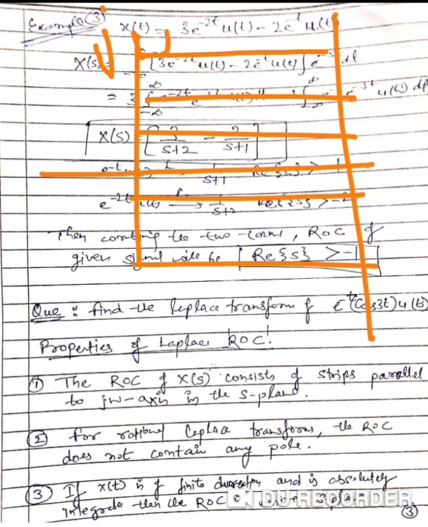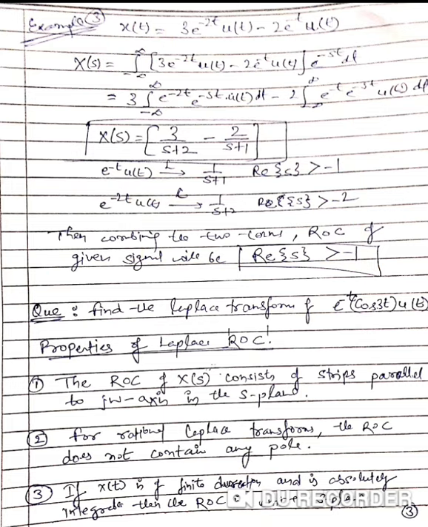The second property is that for rational Laplace transforms, the ROC does not contain any pole.